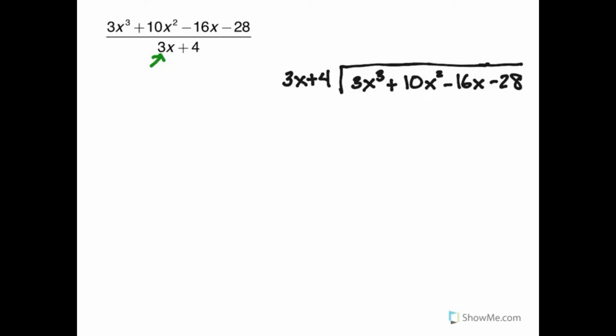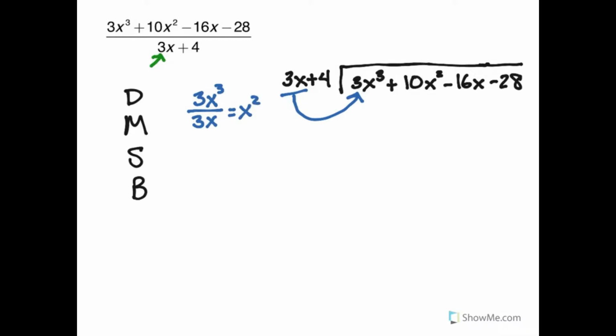Now remember that the steps are Dracula's mother sucks blood, or divide, multiply, subtract, bring down. So the first step is to take 3x and divide it into 3x cubed. That's the same as 3x cubed over 3x, and the result is x squared.